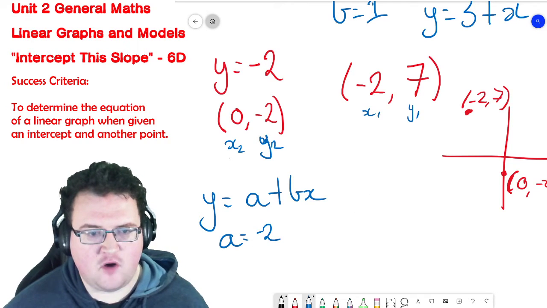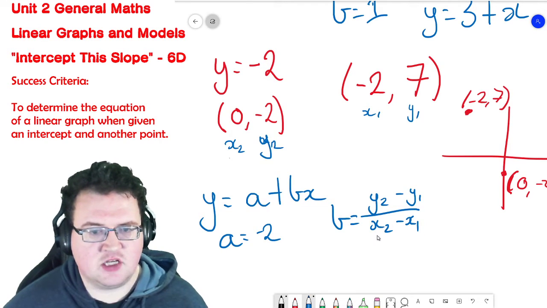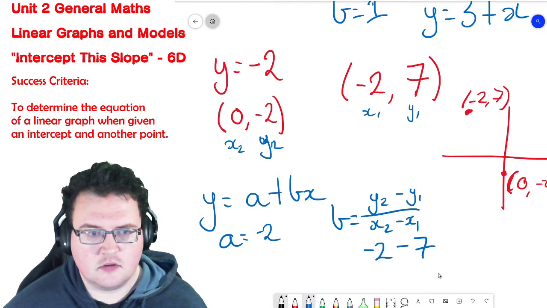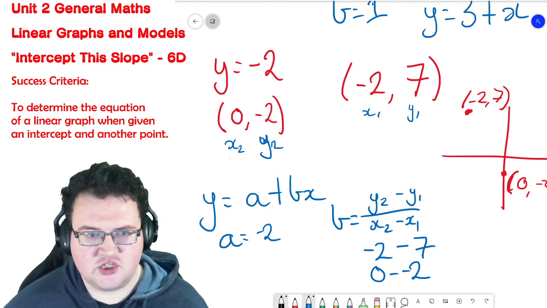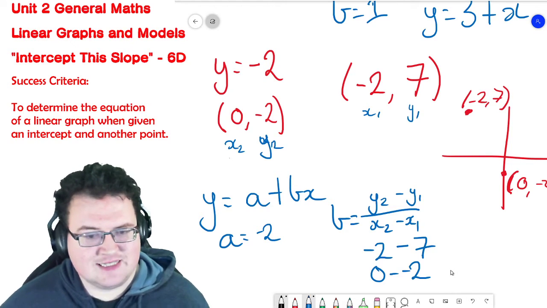Now I need to find B, and I have my formula: y2 minus y1 over x2 minus x1. That means I have -2 minus 7, and then 0 minus -2.